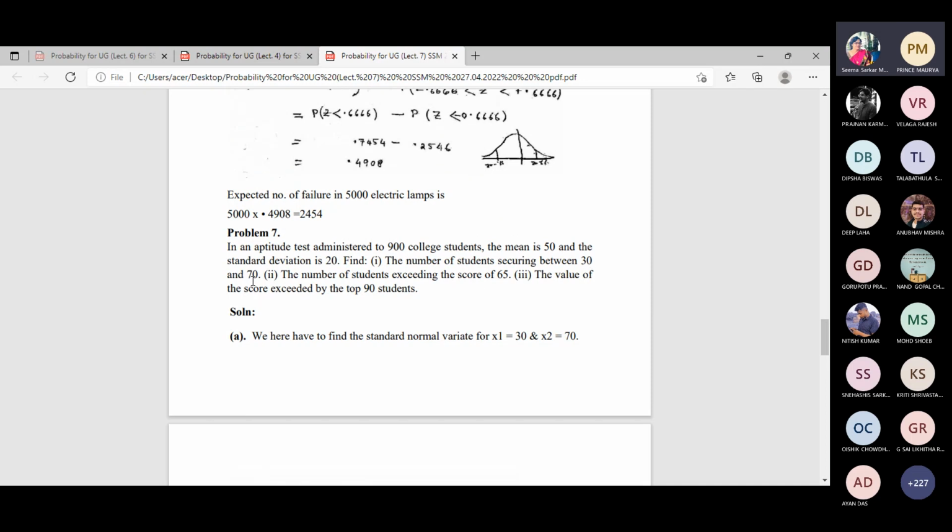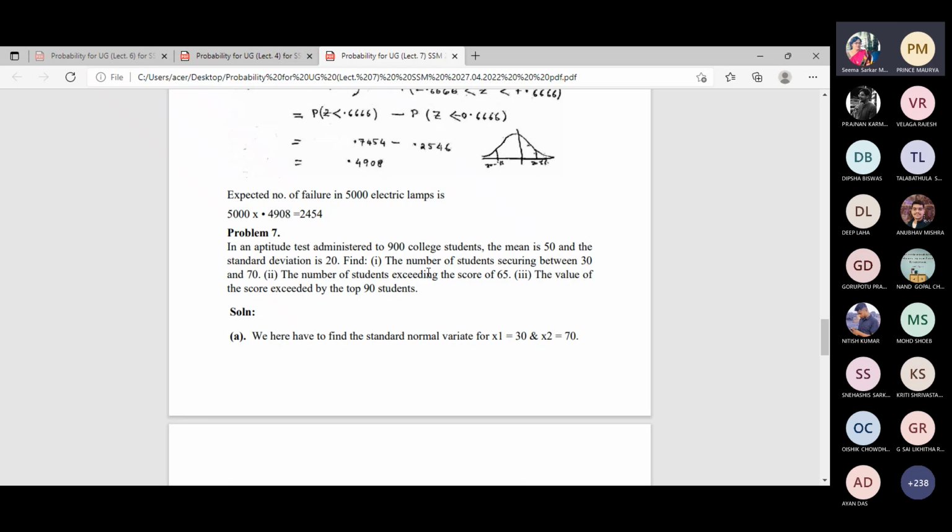Part 2 is you have to find the number of students who exceed 65. And the third part is you have to find the value of the score which is exceeded by the top 90 students. These are the 3 parts.